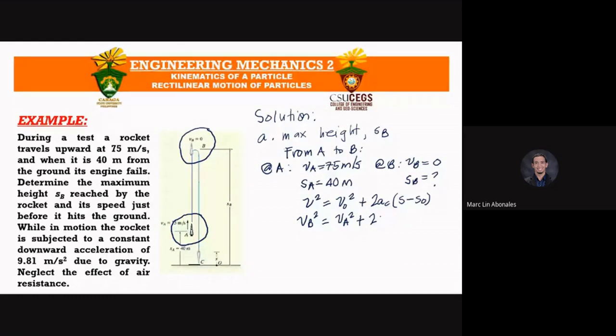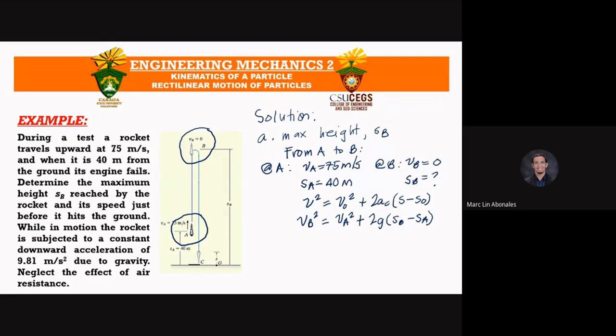And s is the final position, so that is SB, minus the initial position, which is SA. It is the same as what we did in the previous problem, especially in identifying the sense of direction.